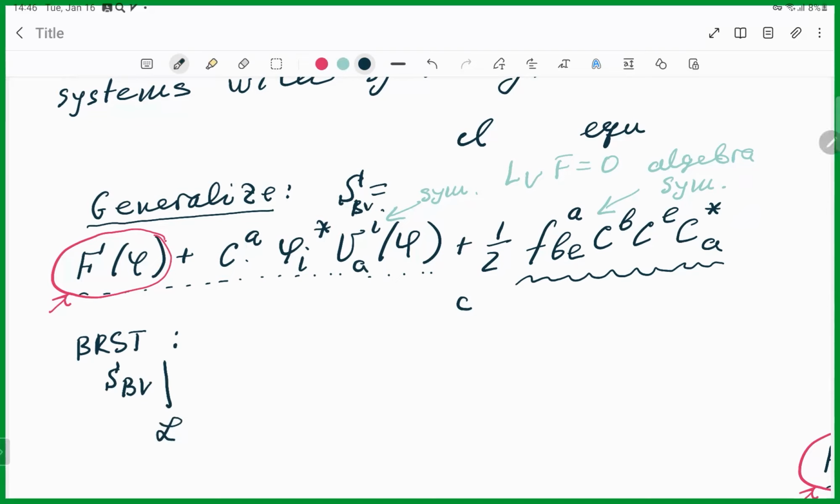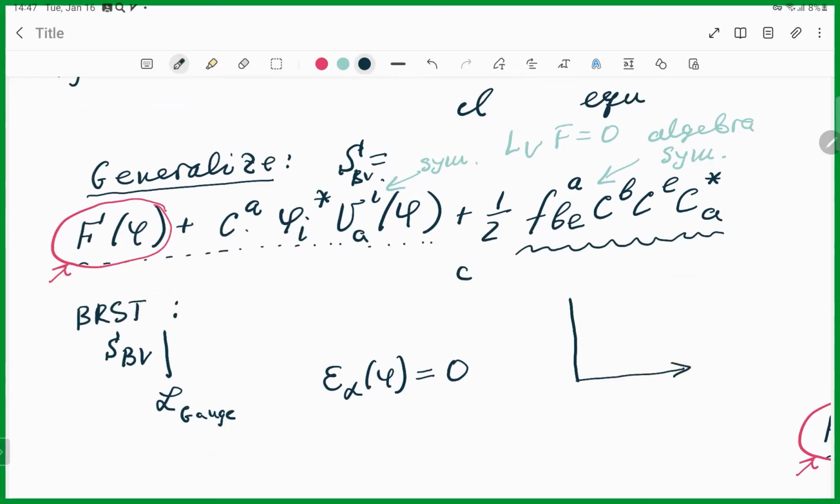How do we define this Lagrange submanifold? We define it by demanding that some functions that I'll call E alpha of phi equal to 0.